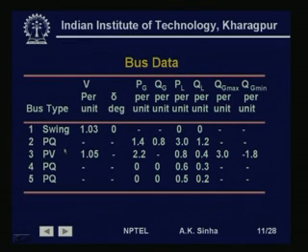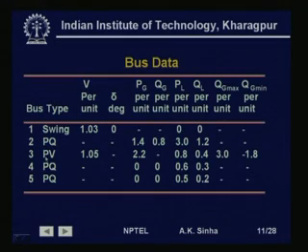Bus 2 is a PQ bus. So, here what we have specified, V and delta is not known. What is specified is PG, QG, PL, QL: PG is 1.4, QG is 0.8, PL is 3.0 and QL is 1.2 per unit. So, PG minus PL and QG minus QL will give me PI and QI at this bus, the real power injection and reactive power injection.